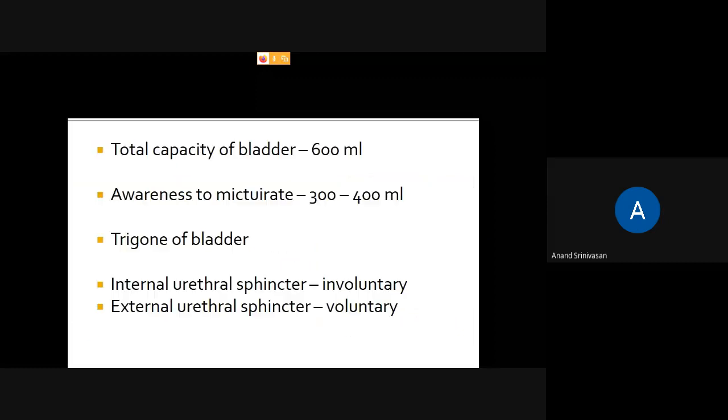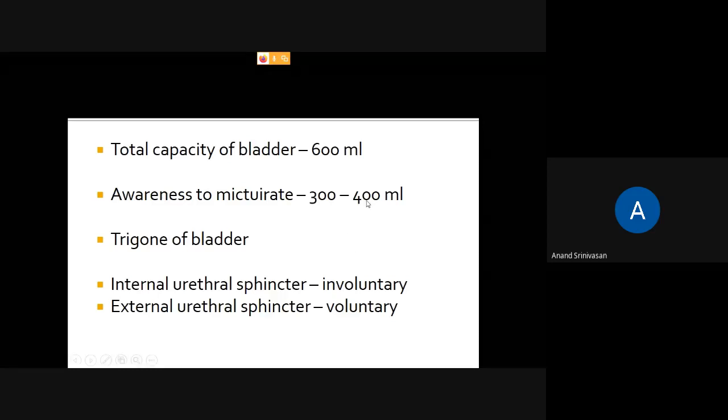Okay, let's go to the next one: the capacity of the bladder. The urinary bladder normally can hold up to 600 ml of urine on average. The awareness to micturate, that is, when the person knows that he has to go to the washroom, can vary between 300 to 400 ml.